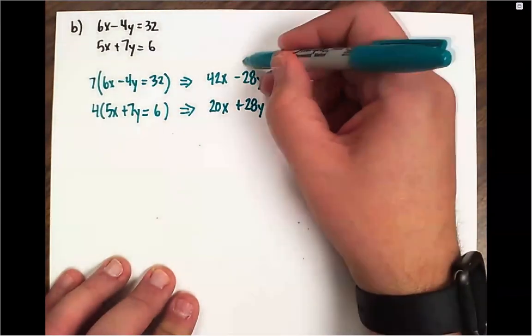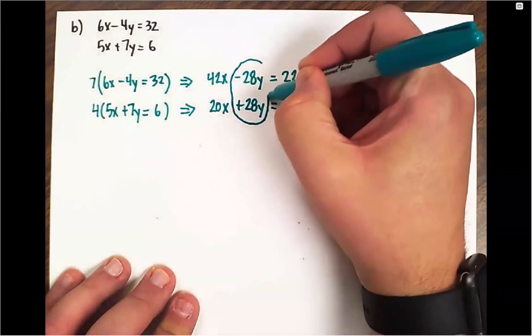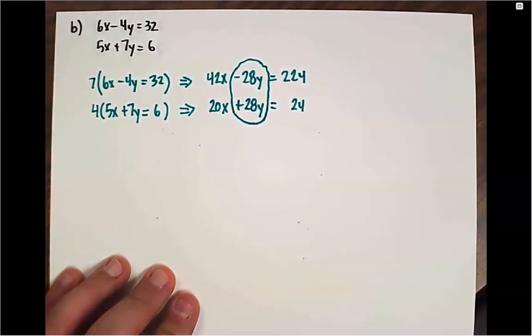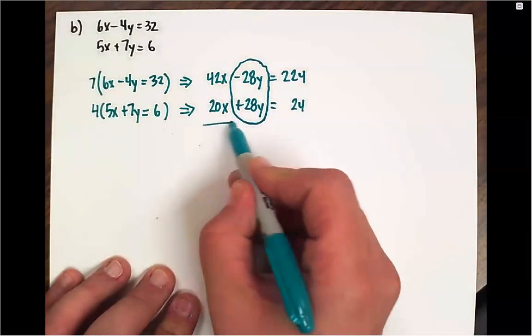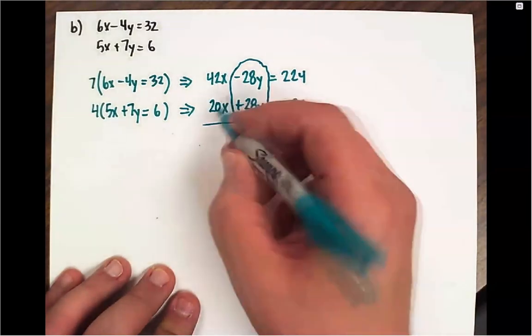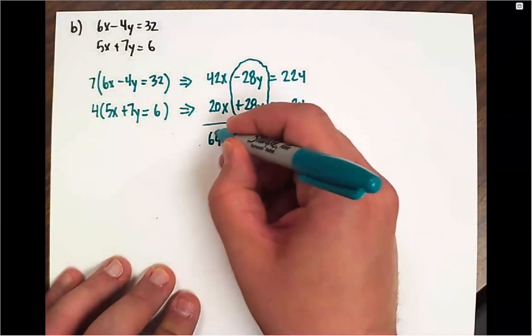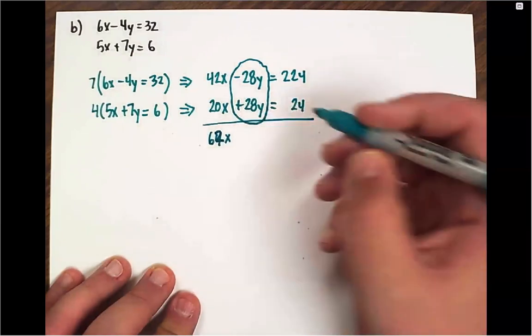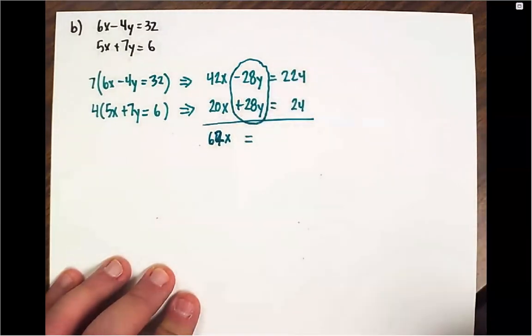So now, look at my y's. What's negative 28 plus 28? That's 0, isn't it? So now I can add these two equations together. And so 42x and 20x is 62x plus 0.